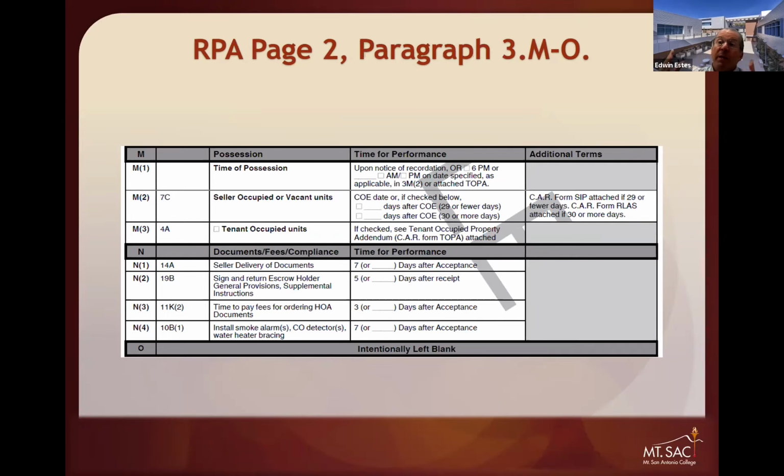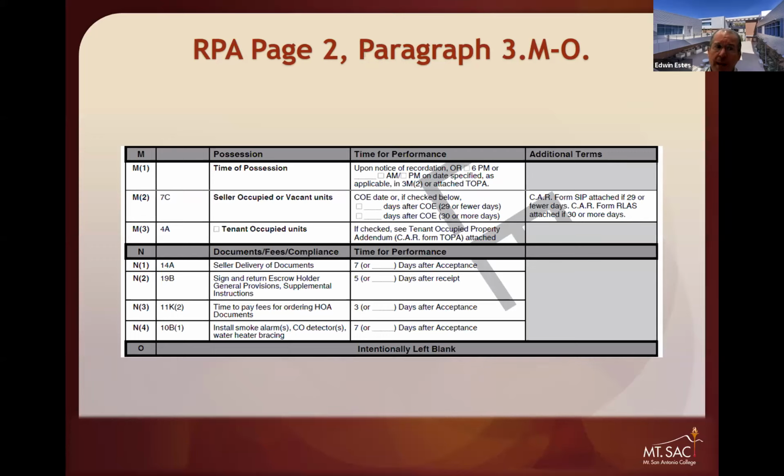But if the seller's in there for over a month, now you may need to address things like rent, security deposit, other stuff. And that could cause problems with your loan, could also cause problems with your insurance, because now it's truly an investment property. 29 days or less, we can argue whether it's an investment. But if it's over 30 days, it looks a lot like a true landlord-tenant situation, even though less than 30 days is really a landlord-tenant situation too, but there's a different dynamic.